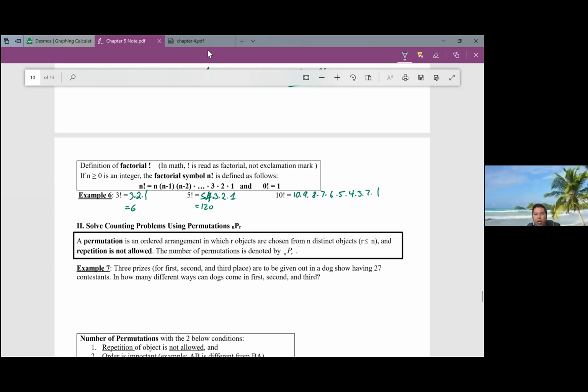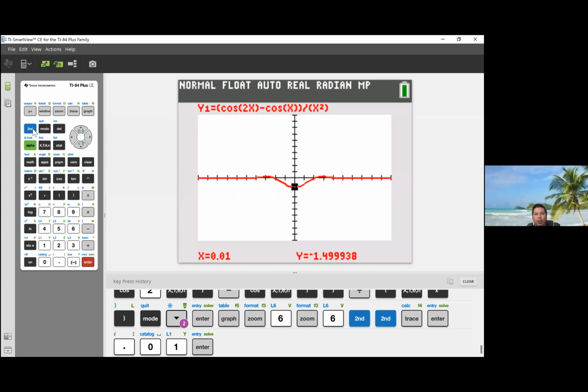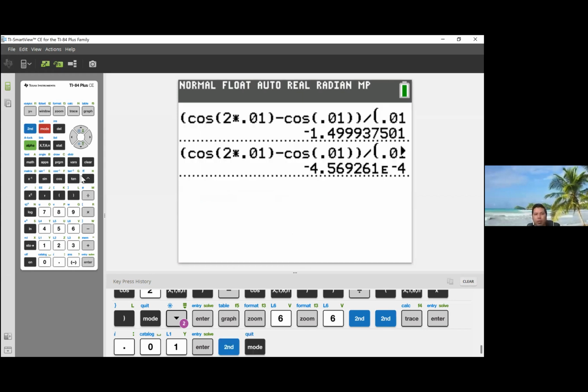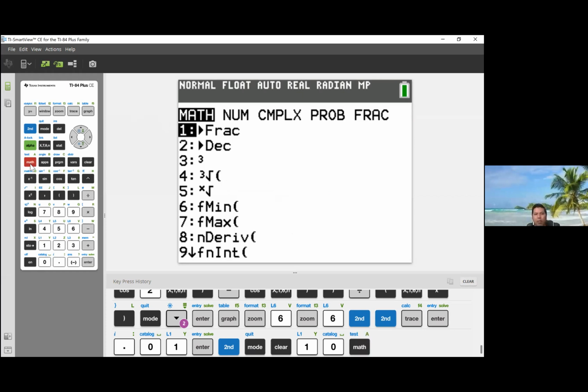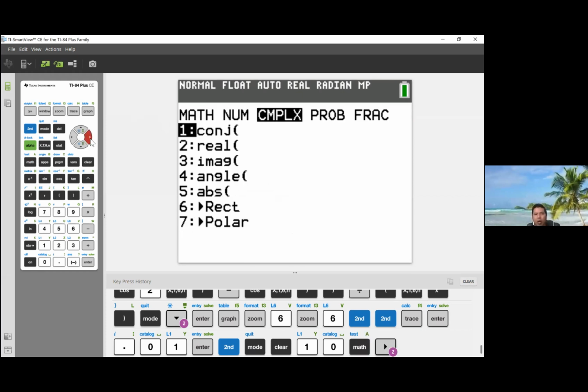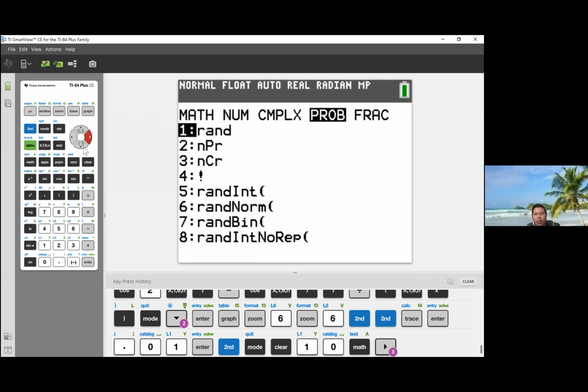Okay, so if you have a small number, it's easy to do by hand, but with a large number, it's harder to do the multiplication by hand. You can use a calculator for that. For example, I want to do 10 factorial. I press 10, then hit math, go to probabilities, and number 4 stands for factorial.